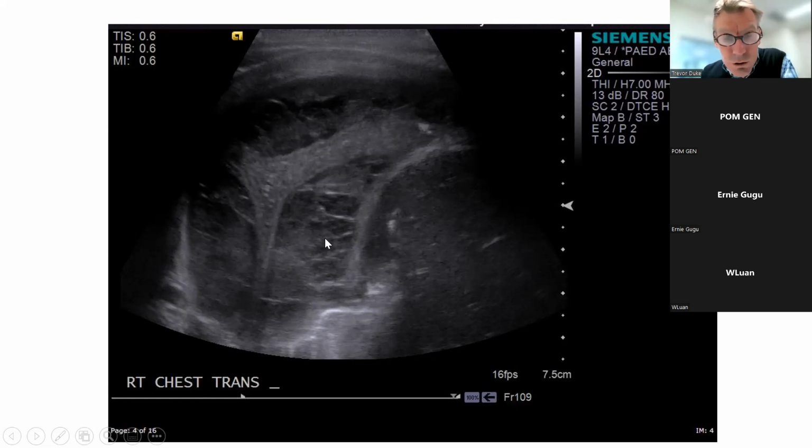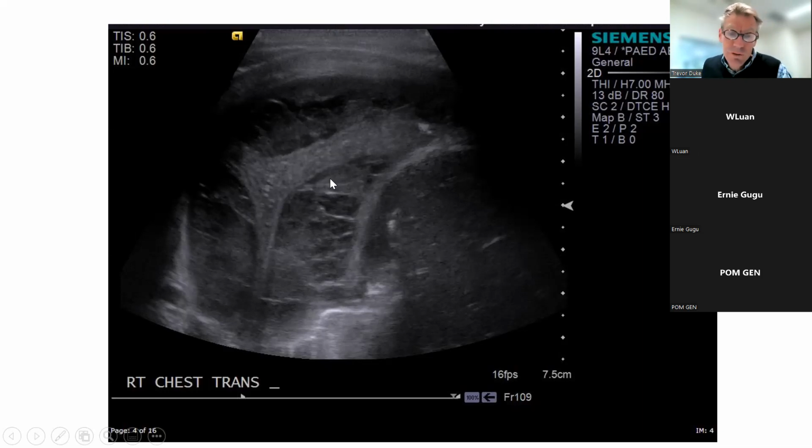And what can you see about the fluid? What do you see about it? There's fibrin strands in between. Yeah, very good, Wilma. There's lots of fibrin strands, isn't it? It's not just black looking like clear fluid. So it looks like quite a very complex effusion, or you might call it an empyema, right?